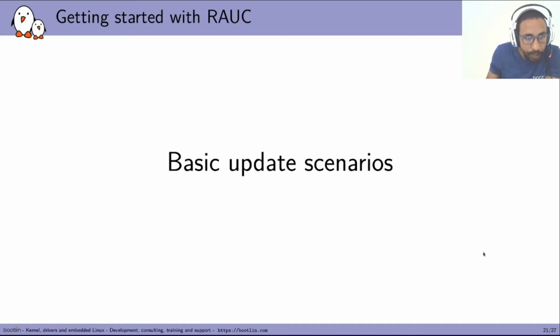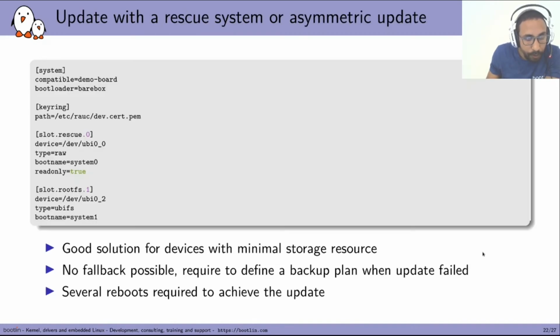So now let's see some update scenarios we can implement with RAUC. The first one is the asymmetric update. This is typically a good solution for devices with minimal storage resources. Here we typically have a rescue system in which we will boot. So we can imagine that we are on the main system.